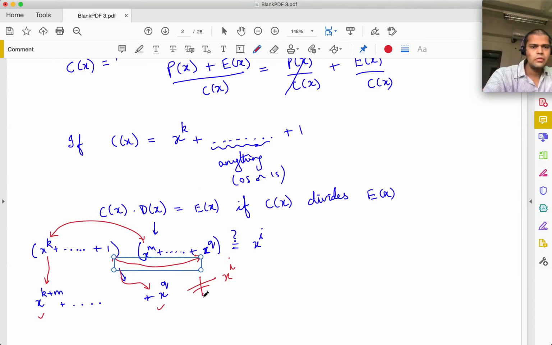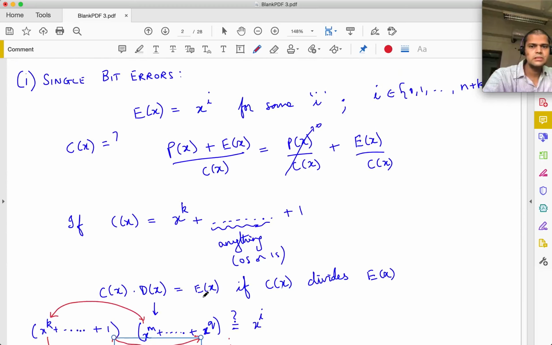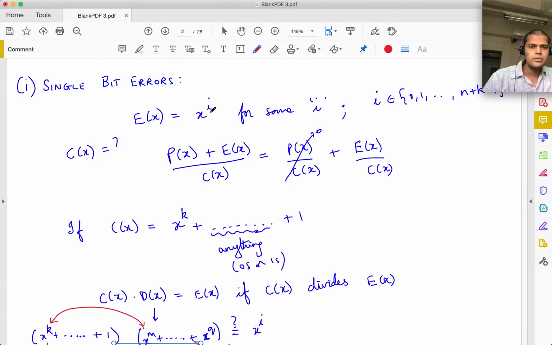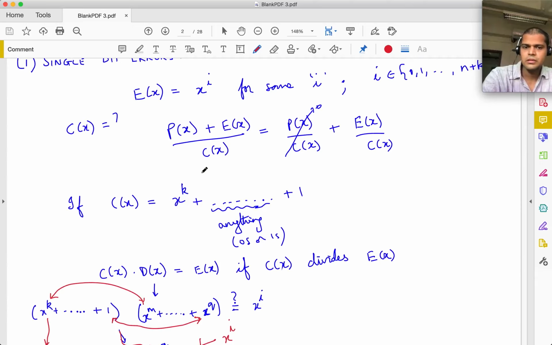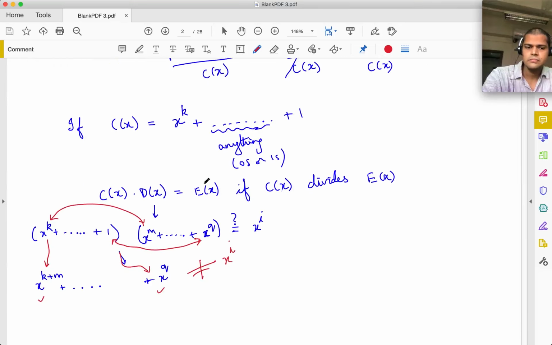Okay, so we are in business. Essentially it's saying that if you want to be able to detect single bit errors, your divisor should be of this form, x to the power of k plus something, and at the end you should have 1. If you have this, then you're guaranteed to take care of single bit errors. There may be other choices of the divisor too, which take care of these sorts of errors, but definitely if c of x has this form, it will be able to detect all single bit errors.